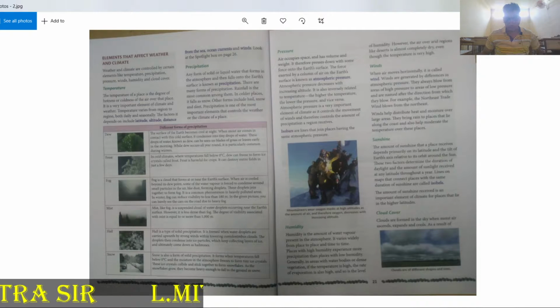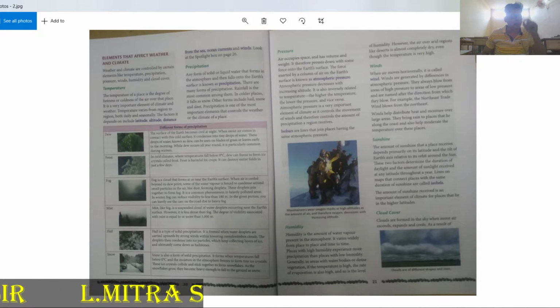We also discussed the distance from the sea. Areas located near the sea have a moderate climate, by sea breeze and land breeze, daytime and night time. So the range of temperature is very low.